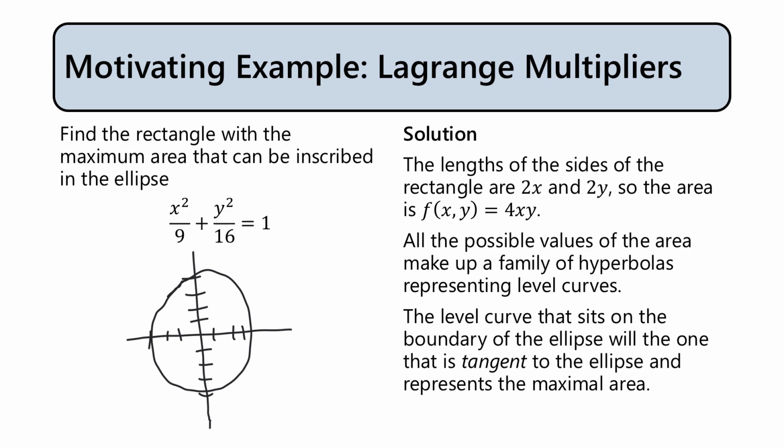But what we're trying to find is the rectangle that we can inscribe inside of here that is going to have the maximal area. Well, if we look at it in the first quadrant, then the length of this would be like y.